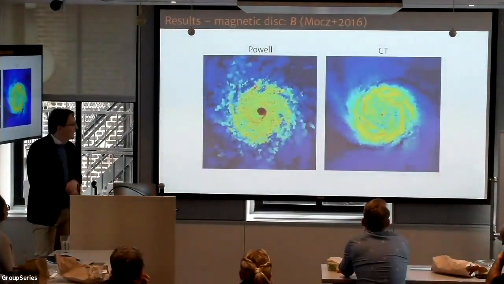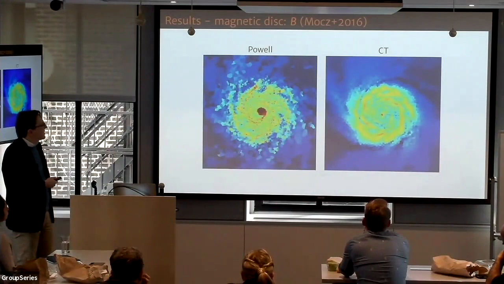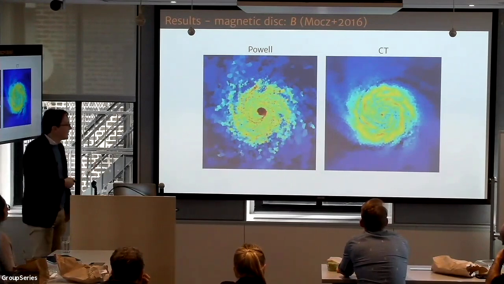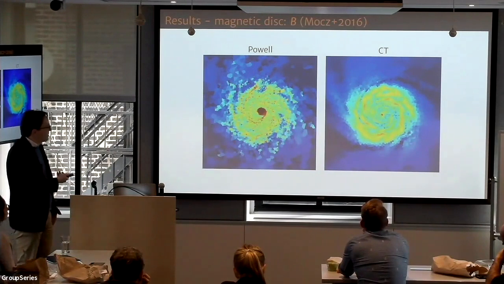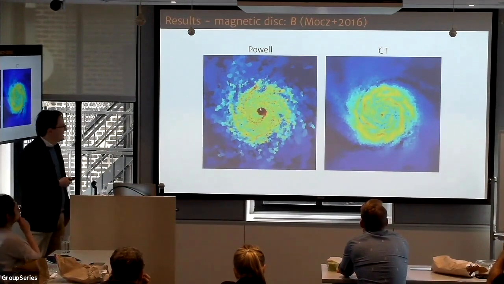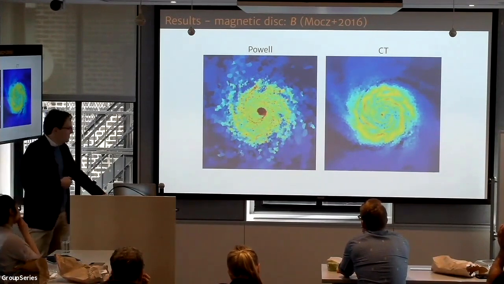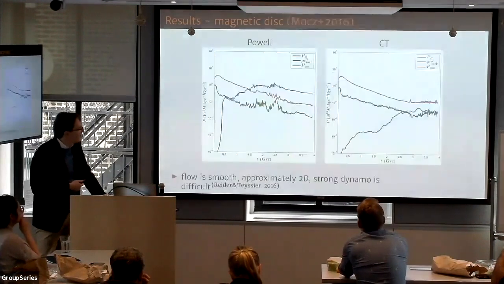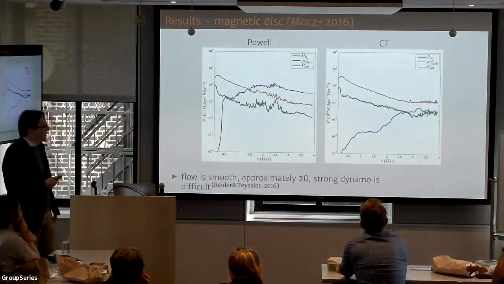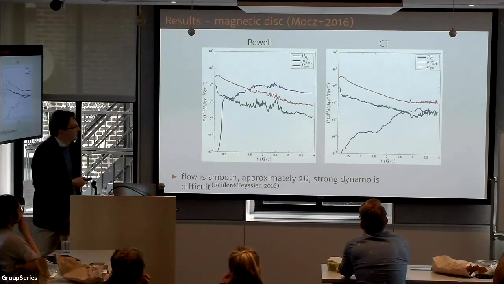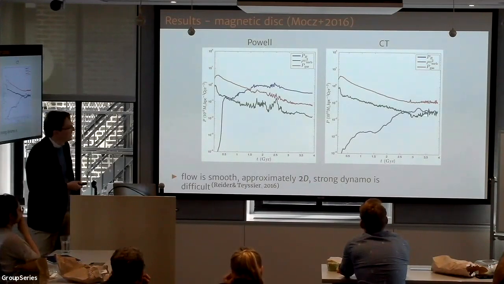This is also seen in simulations of galactic disks, where with cleaning schemes, if you use very high resolution and the conditions are quite turbulent and somewhat supersonic, you can build up these large dipole magnetic fields, which are artificial and are due to the cleaning terms. You can test for equipartition, and in some cases you cannot find any in the Powell cleaning scheme, whereas you can get equipartition between kinetic energy densities and magnetic fields with the CT scheme.